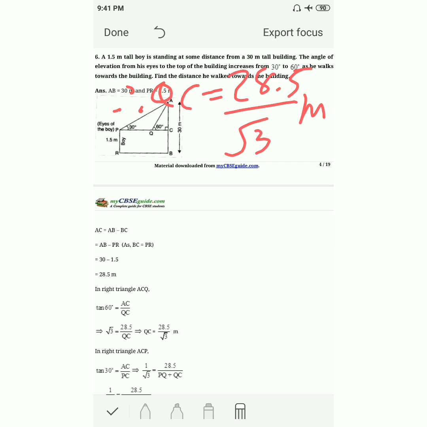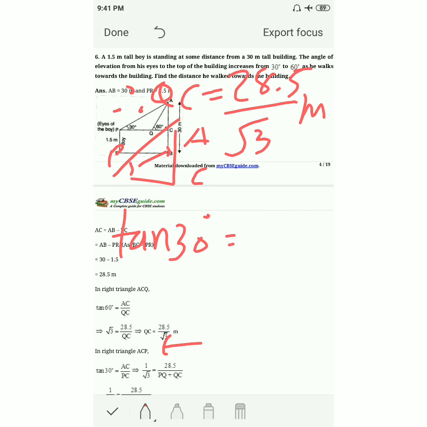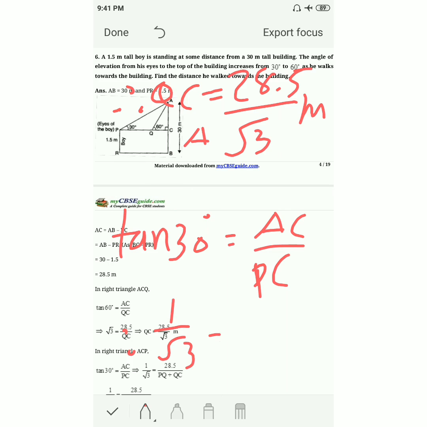Then second thing, consider triangle ACP. In triangle ACP, tan 30 is equal to, for ACP, here 30 degrees, opposite side AC upon adjacent side, which is PC. So AC upon PC. Now put the value of AC and the value of tan 30. Tan 30 is equal to 1 upon root 3. AC is equal to 28.5 upon PC.